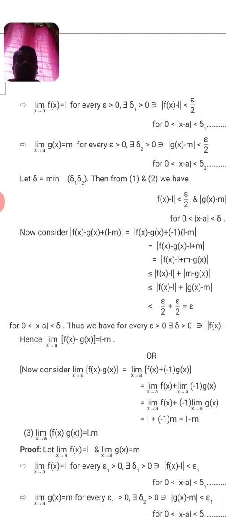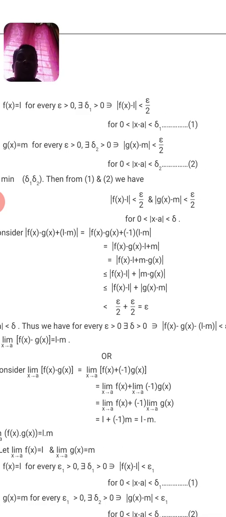Now consider modulus of f of x minus g of x plus of L minus m, which is equal to modulus f of x minus g of x plus of minus 1 into L minus m. On simplification we have modulus f of x minus g of x minus L plus m.